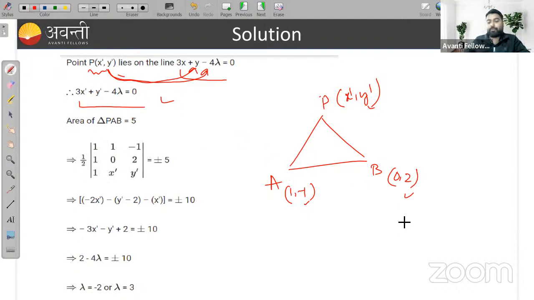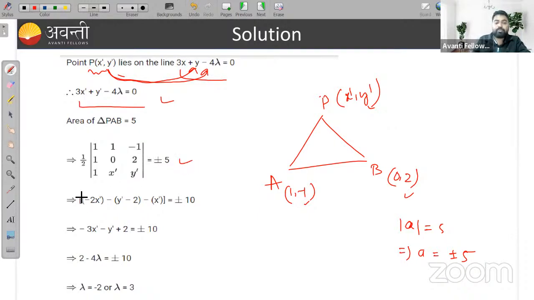Suppose you have some value where mod of A is equal to 5. Then A will be plus or minus 5. That means if you are not taking the modulus, then already you have here +5 with the modulus. Without the modulus, it will be plus or minus 5.